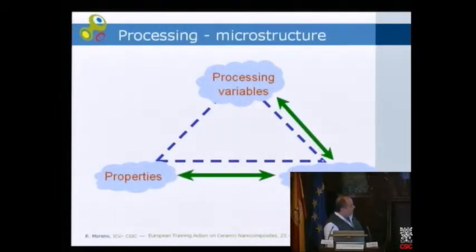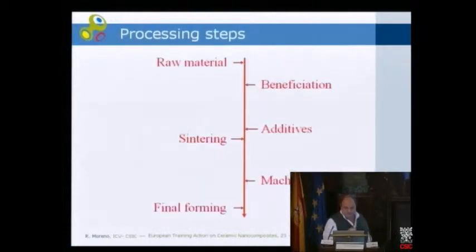We can act on the microstructure by changing the processing variables, and the microstructure determines the properties. But we can obtain the same microstructure by two different processing techniques, so the relations between processing and properties are not direct.